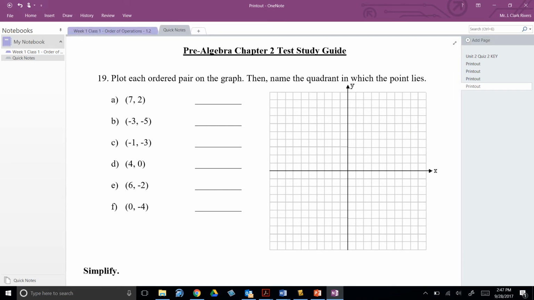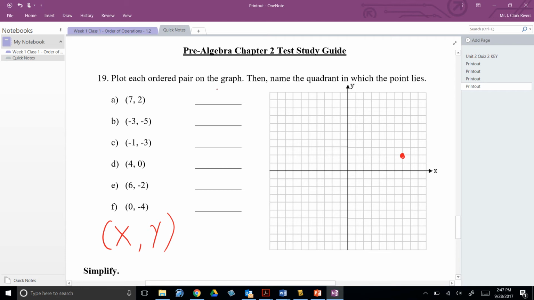So 7, 2. This is the x direction. Remember, the x is first. The x direction is first, which is the horizontal movement. The y comes second, which is the vertical movement. So 7, that is 1, 2, 3, 4, 5, 6, 7. 2, that is positive 2 in the y direction. 1, 2. So right there, that is 7, 2 there.